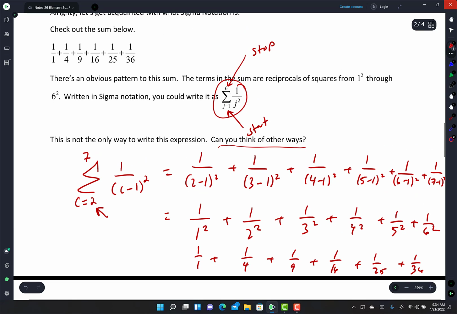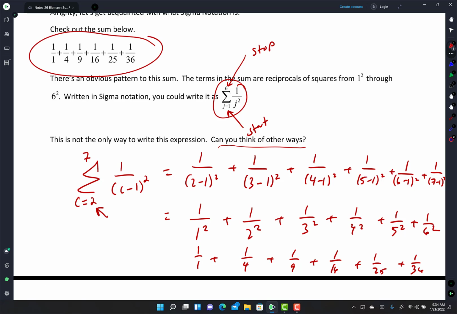No, if I wanted it to look like this one, I would start at 1, because I want it to look like this sequence: 1 over 1, 1 over 4, 1 over 9. This one starts at 2. So you told me 1 over c squared. If I start at 2, I'm already starting right here at that one. 1 over 2 squared is 4. You know what I mean? Okay. Don't worry, we're not there.